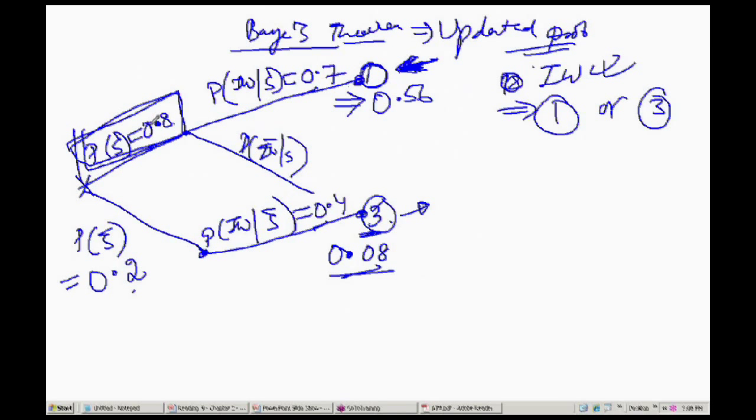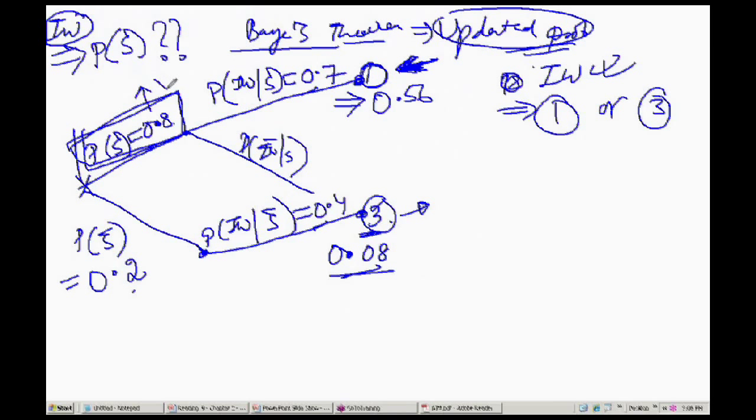Bayes theorem is related to the updated probability. You have got the news that India has won, and now you want to find the probability that Sachin played in the match. When you have this news, will the probability that Sachin will play remain 0.8 or will it change?